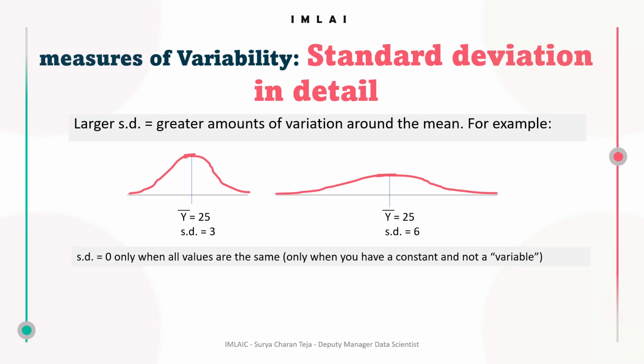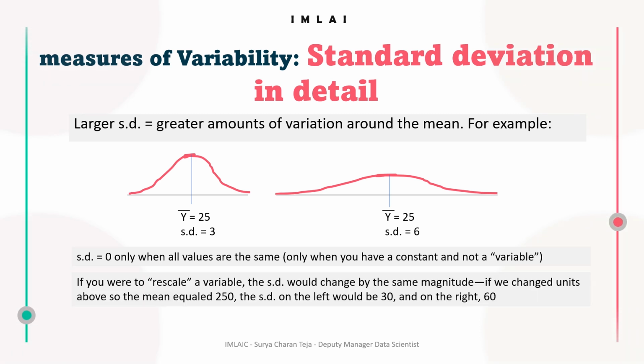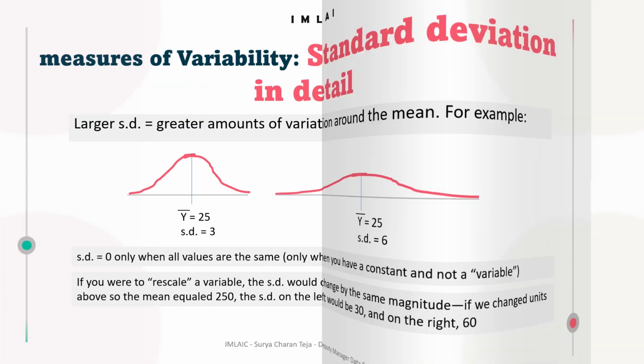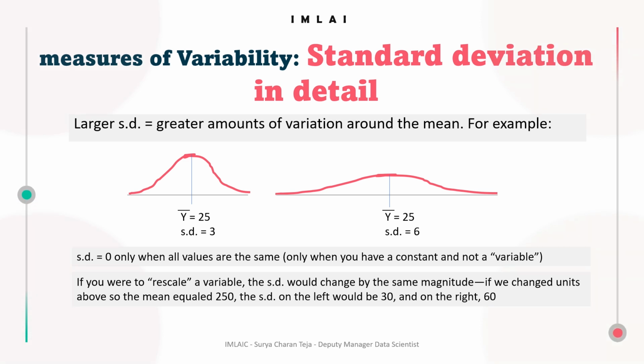Like the mean, the SD will also be inflated by an outlier case.